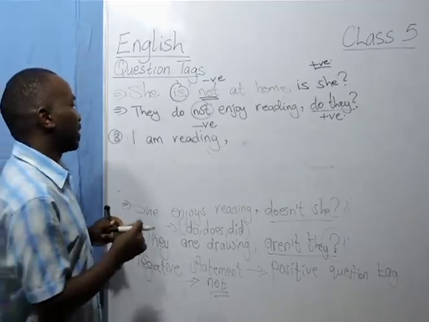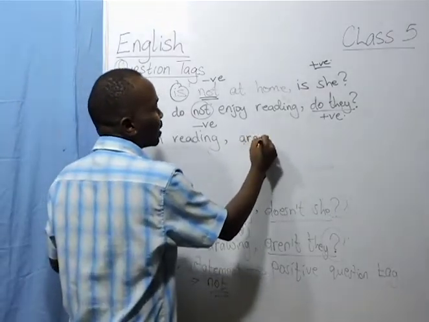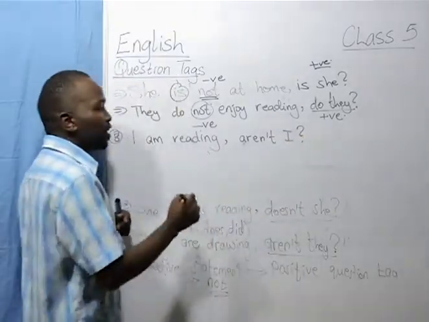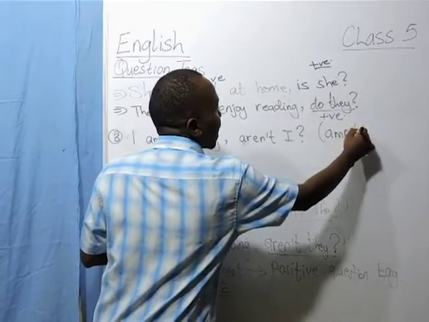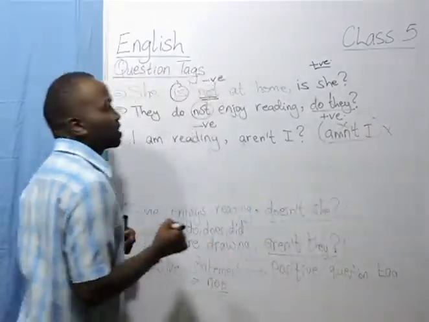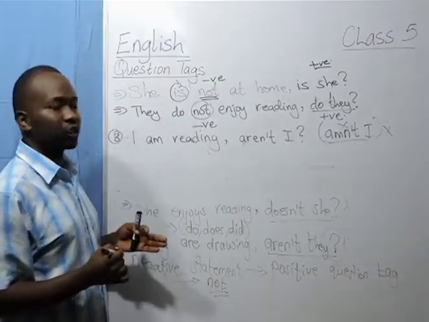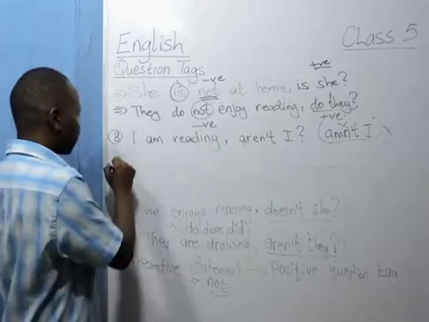Very good. The question tag will be aren't I. So in this case, we don't find ourselves saying amn't I. That one is grammatically wrong. There isn't such a statement in English. So I am reading, aren't I.